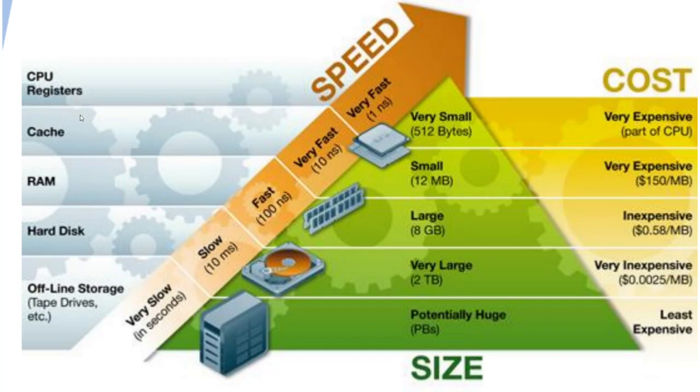Then we have cache, which is fast, 10 nanoseconds. It's expensive, $150 for a megabyte, and it's small also. Then you can see RAM, hard disk, offline storage, tapes, drives, etc. Those are very slow, but because they are slow, they can have a huge amount of storage, petabytes.